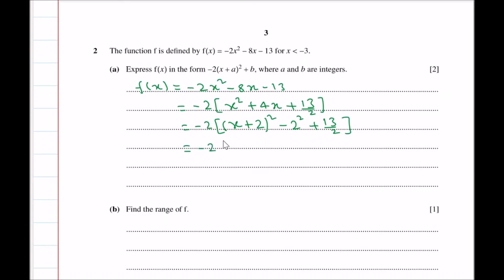Minus 2 x plus 2 whole square, and if you simplify this, we get minus 2 square plus 13 by 2, that is giving us plus 5 by 2.